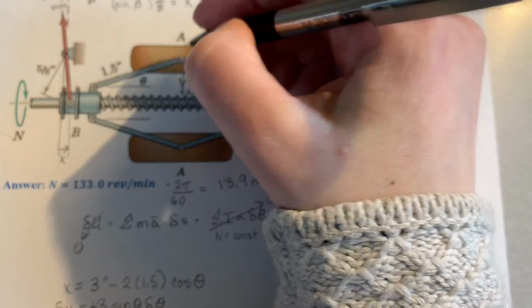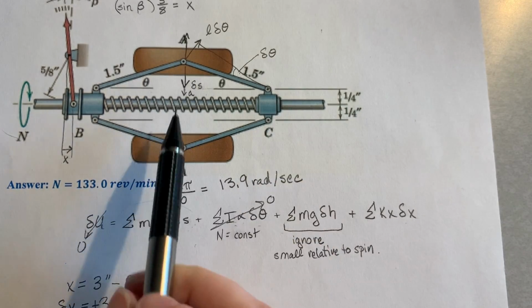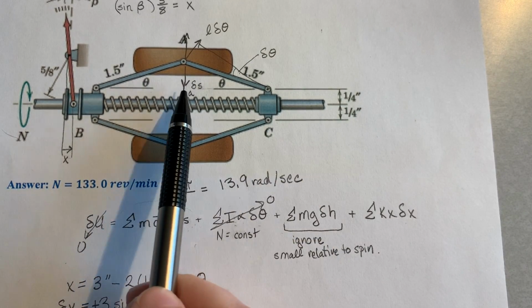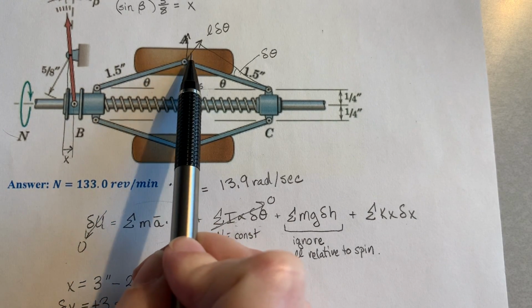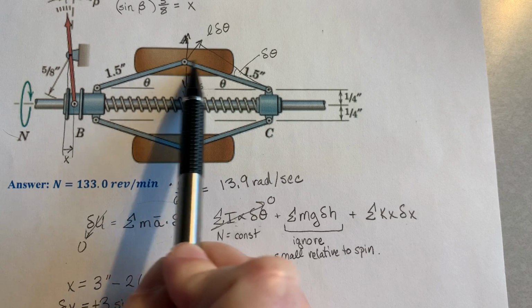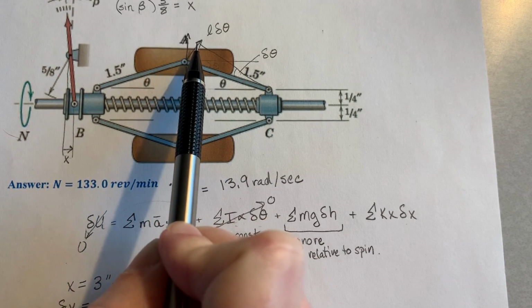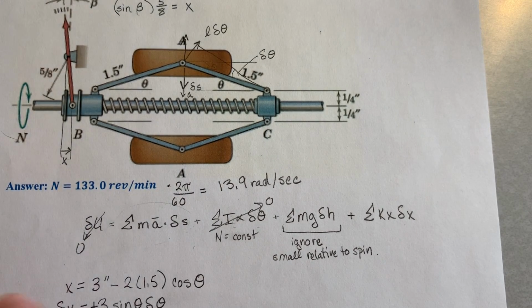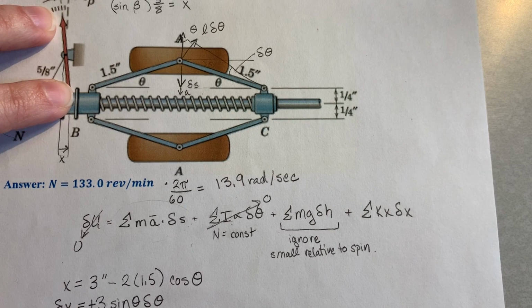Now we want the component that's in the opposite direction of acceleration here. So this angle is theta. If we drew a line here, this angle would be theta, and you could also convince yourself that this angle up here is theta.